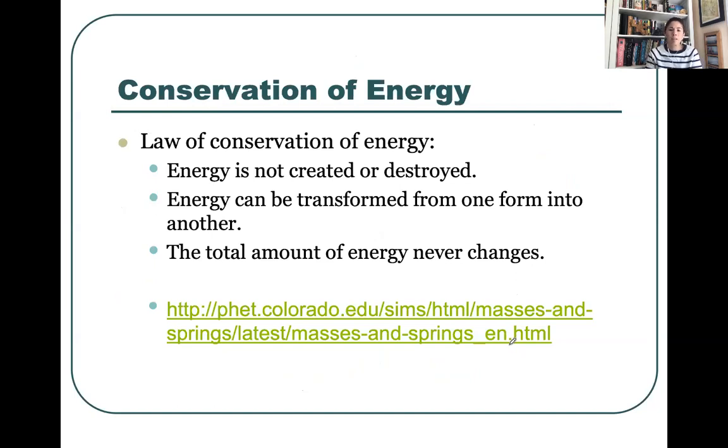This law tells us that energy is not created or destroyed, it's only transferred. In this case, energy goes from potential to kinetic or vice versa, and if we look at the overall sum of potential and kinetic, it should always be the same.